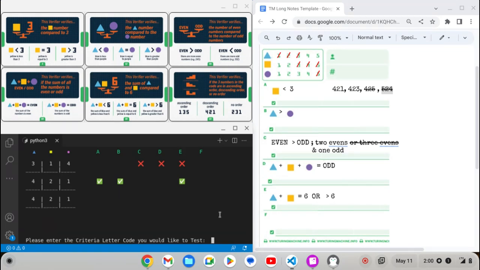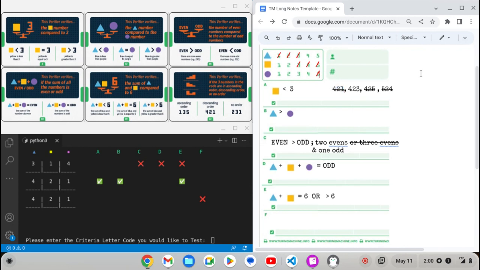Maybe I was right to begin with, and I'm going to test criteria F and see if that's correct. Okay, so it's not. Okay, I just got lucky with 3 check marks in that middle proposal. So it's not 4, 2, 1, it's 4, 2, 3.